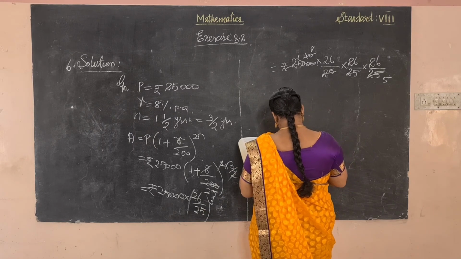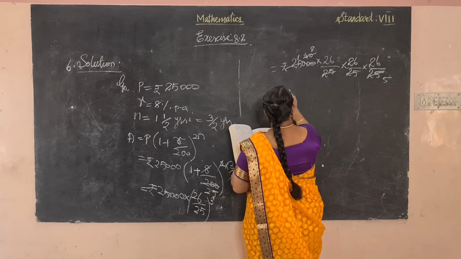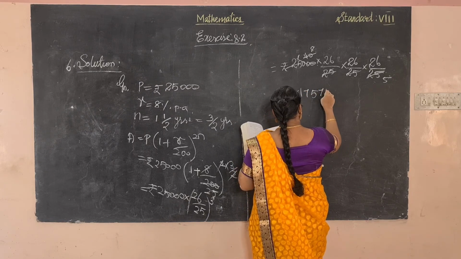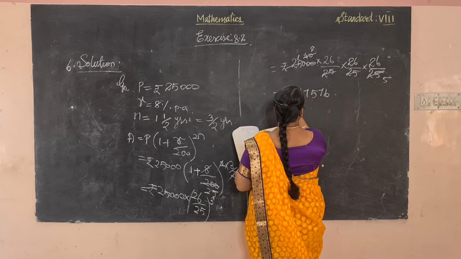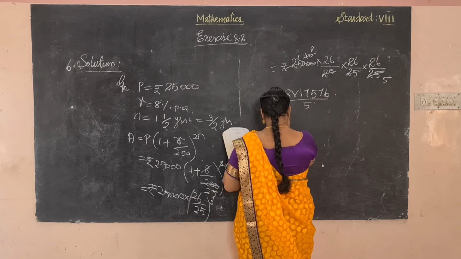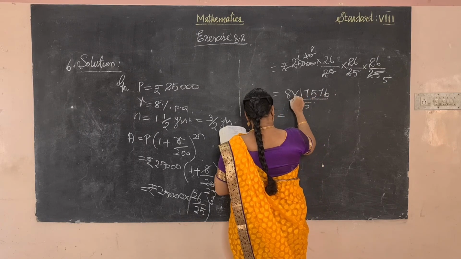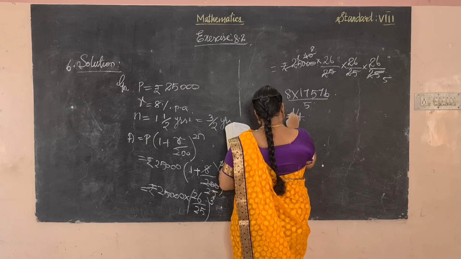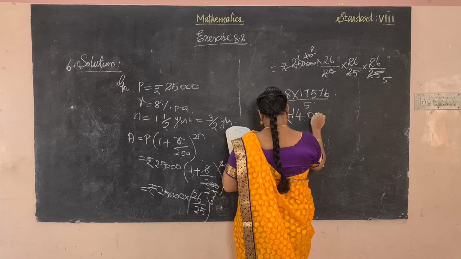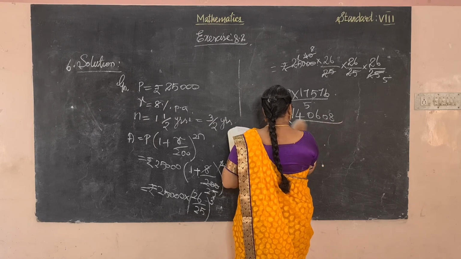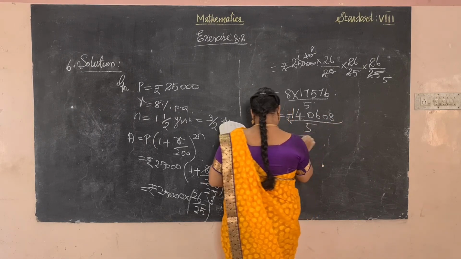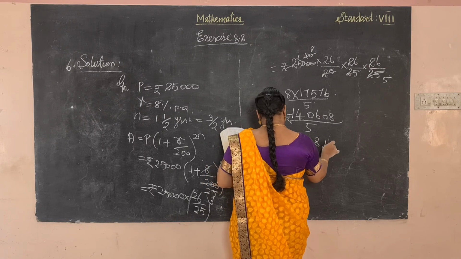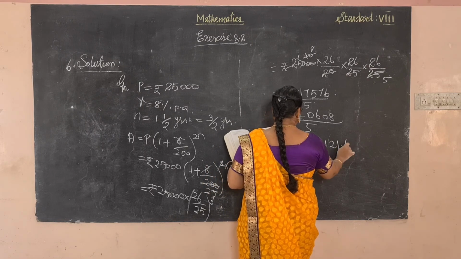What is the value of 26 cube? 17,576 by 5. Multiply the numerator values. Rupees 28,121.60.